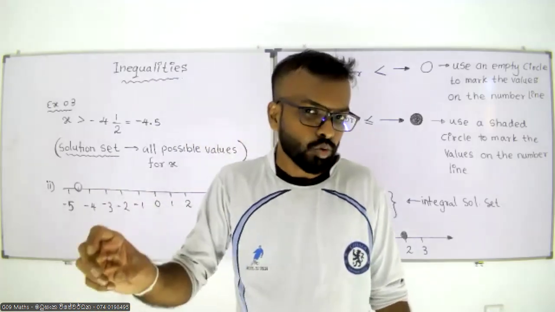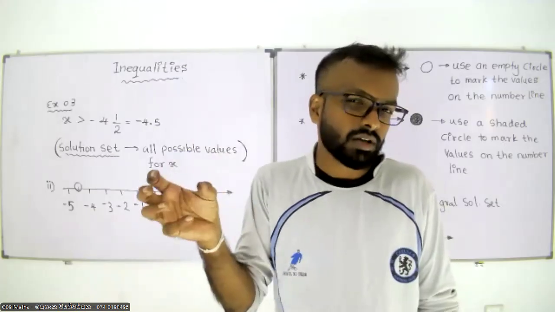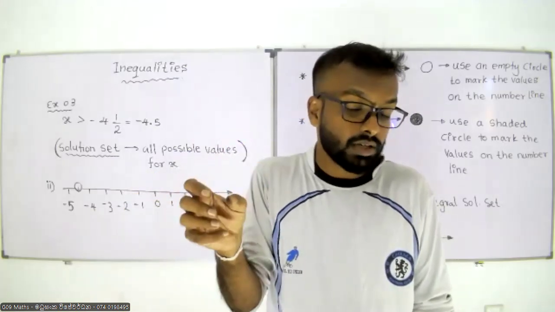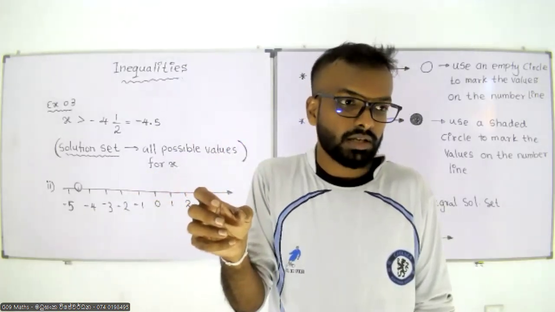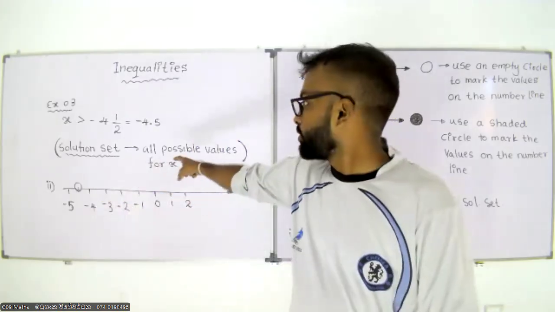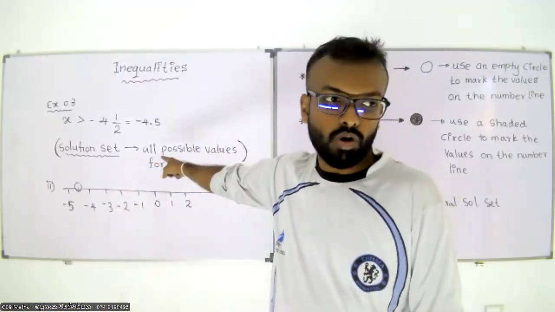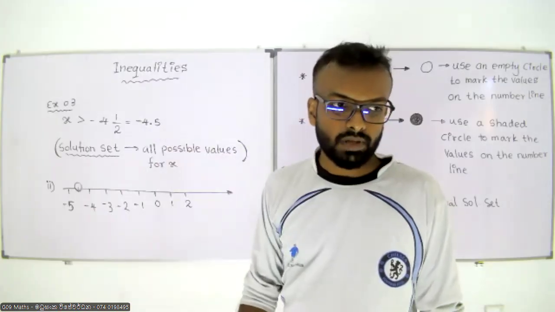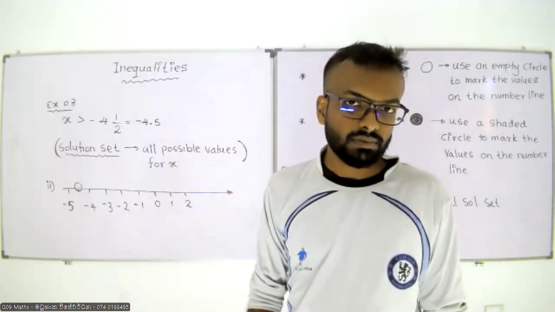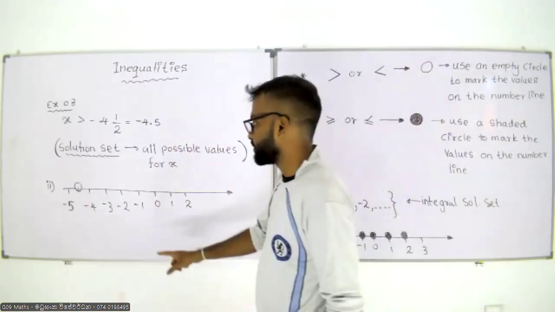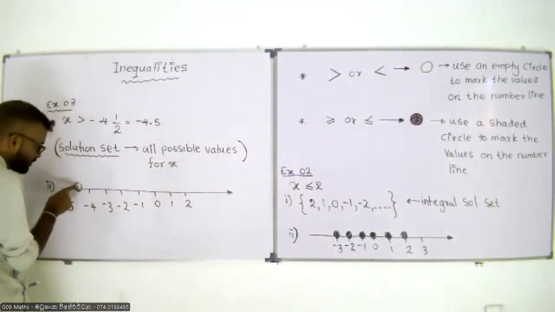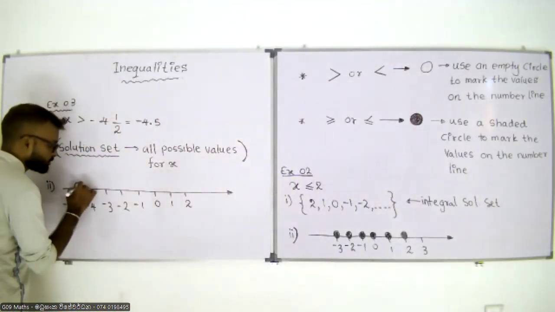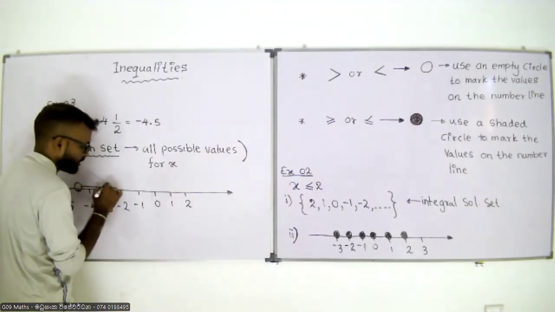Can you take negative 2.5 as the answer? Can you take negative 1.25 as the answer? Because I am referring to all possible values, not only the integers. Yes, we can take them. So from negative 4.5 to positive infinity.